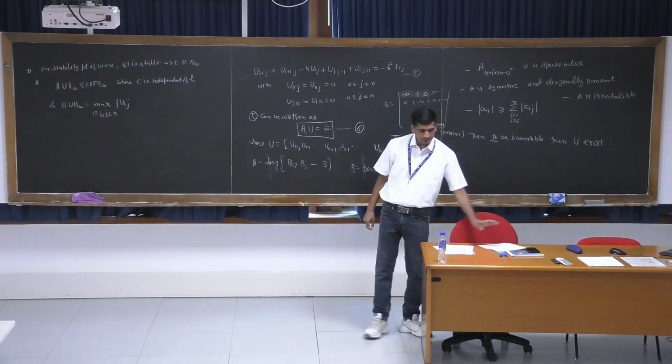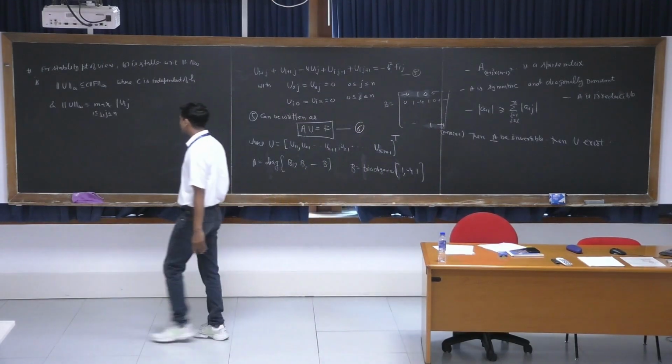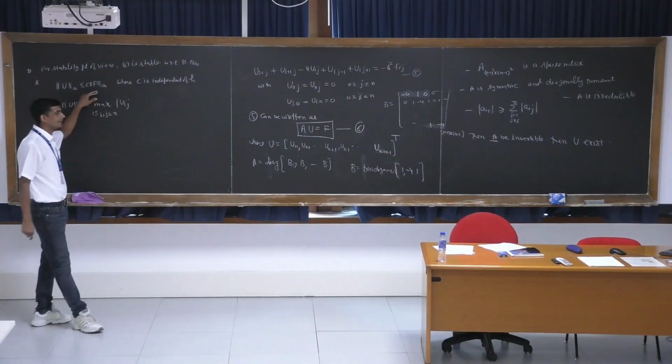This is stable because it is bounded by this.